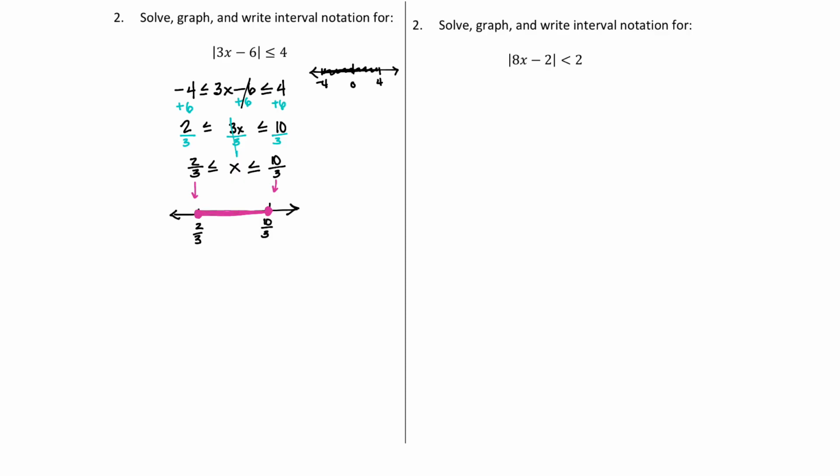Okay, not very good shading. There we are. Okay, so it just makes it so easy to do a tripartite. Now interval notation. It's a bracket at 2/3 because it's a closed circle, and at 10/3 it's also a bracket. Okay, all right, go ahead and try yours.